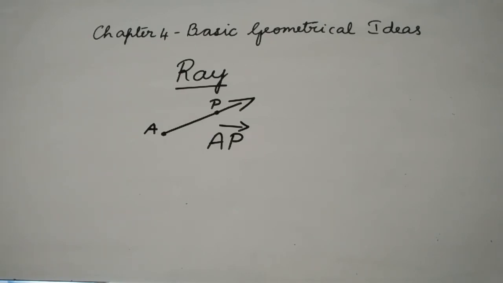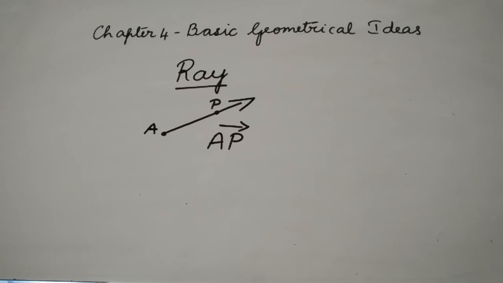Is this clear, students? So what is a ray? It is a portion of a line. It starts at one point, and that first point is called the starting point or the initial point, and then goes endlessly in one direction. Some models for a ray are a beam of light from a lighthouse.